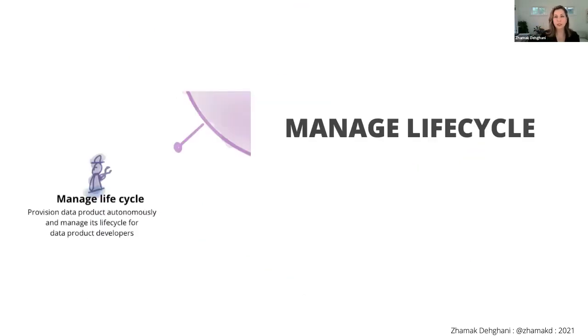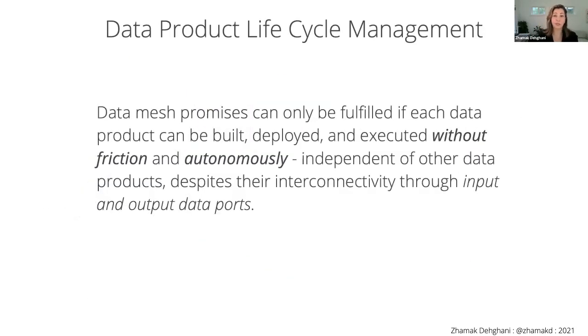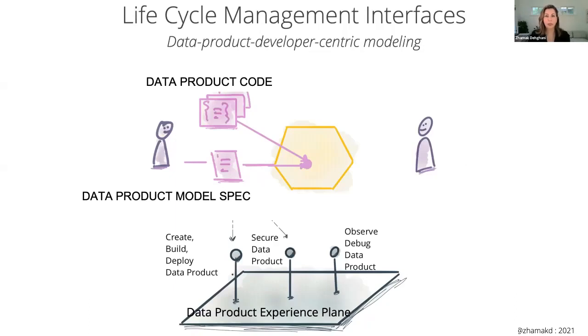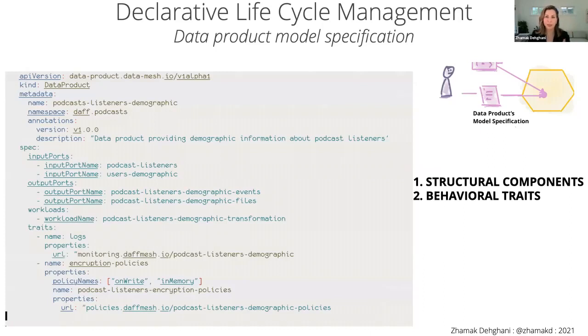So let's dive into one of those. You manage the lifecycle. I need to be able to independently deploy this thing without breaking all the other data products, without upsetting its users, and over time. And we talked about I need to pass the code into this lifecycle management. I need to pass some sort of a model spec that says what is this data product, because we want to abstract away complexity of how to configure it, and we want to have a declarative way.